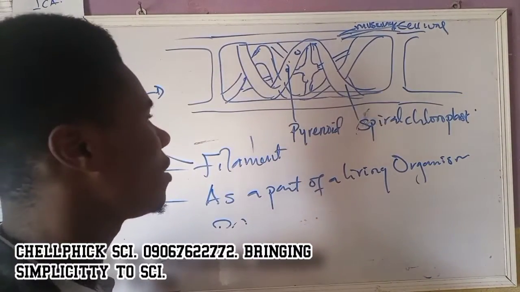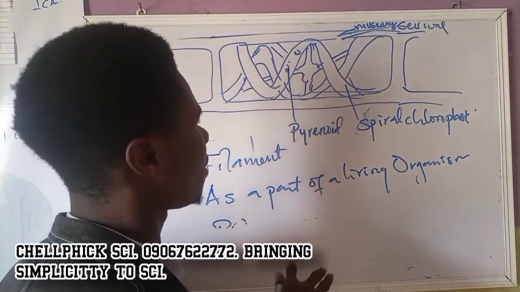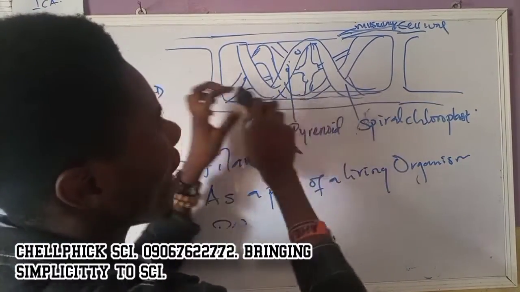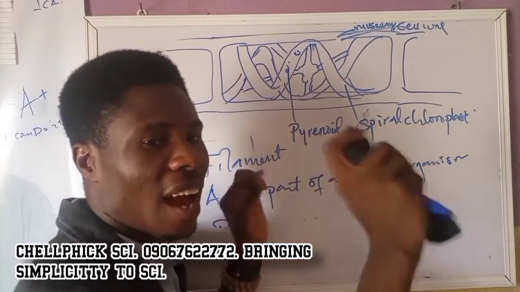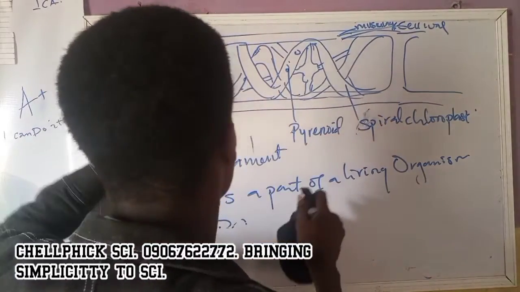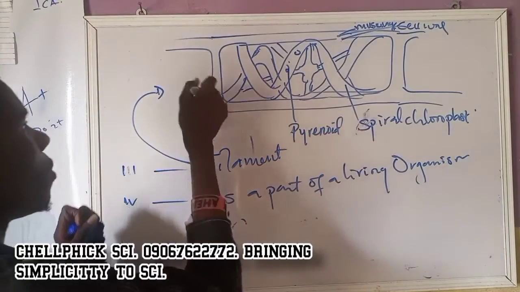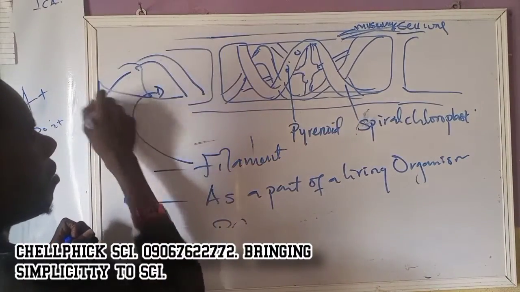In a filament, cells are joined end to end to form a linear aggregate form. You can see this is another cell. I don't want to draw it, but if I draw it, it will look like this.